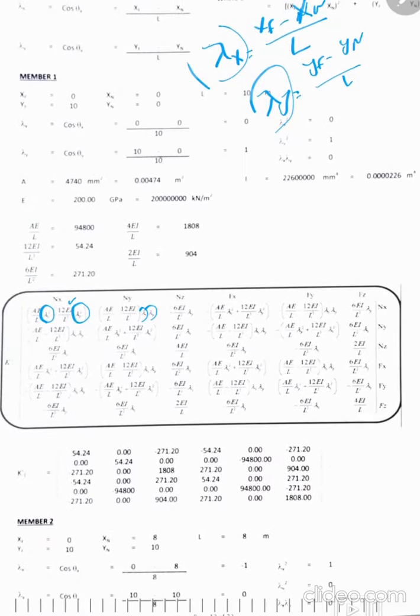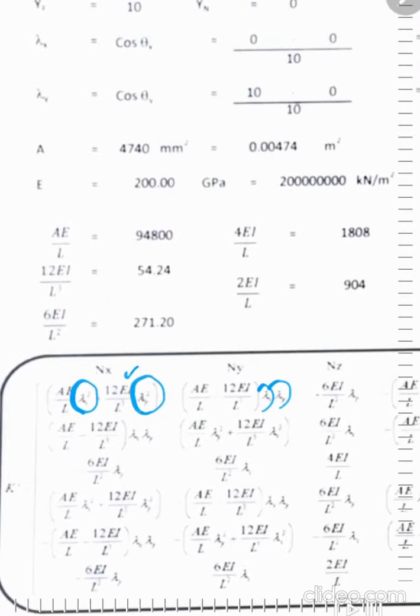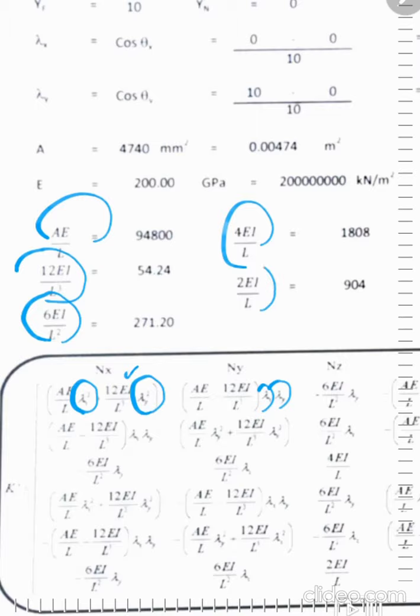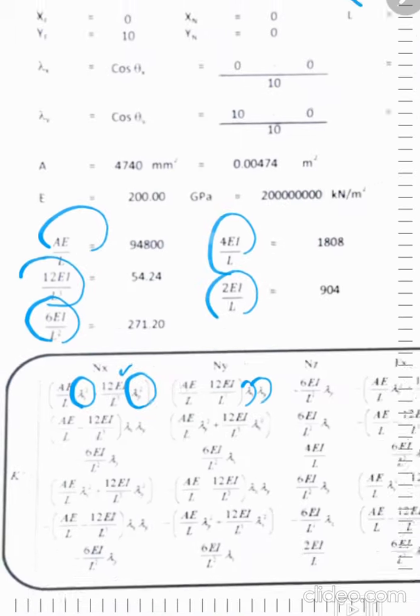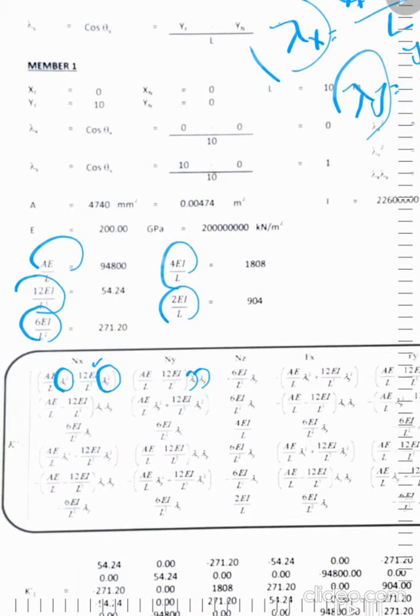So just substitute your values and find the other elements, like AE over L, 4EI over L, and 12EI over L cubed, 6EI divided by L squared, and 2EI divided by L, and you get the values.